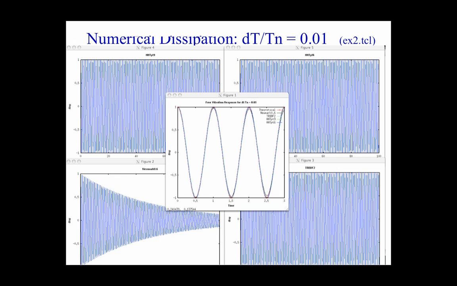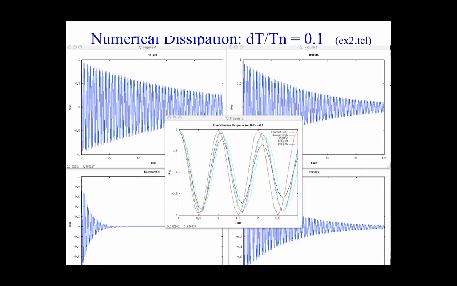So you see, even with a really small delta t over Tn, that Newmark can damp out the response pretty quickly. Now if we set delta t over Tn to be larger, we see Newmark, again, goes a lot faster. And then based on the HHT algorithm, whatever factor we put in, we can see how quickly it damps.